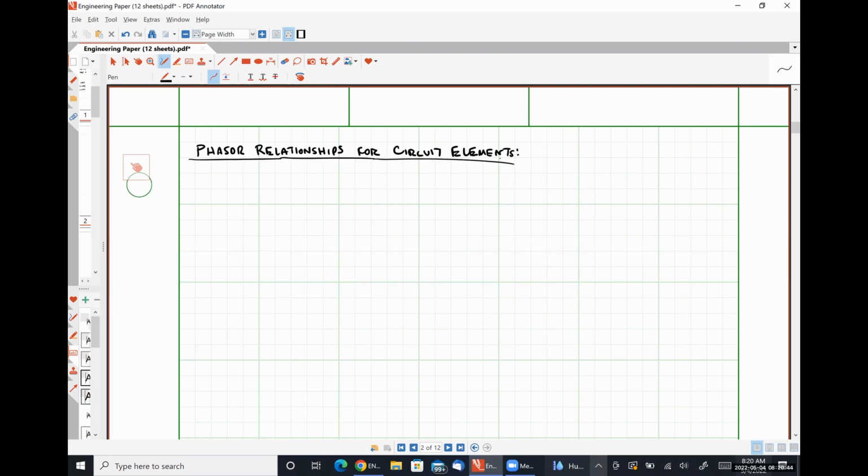All right, so let's start with the case of a resistor. So we have some resistor R over which a voltage V of t appears and a current I of t flows.